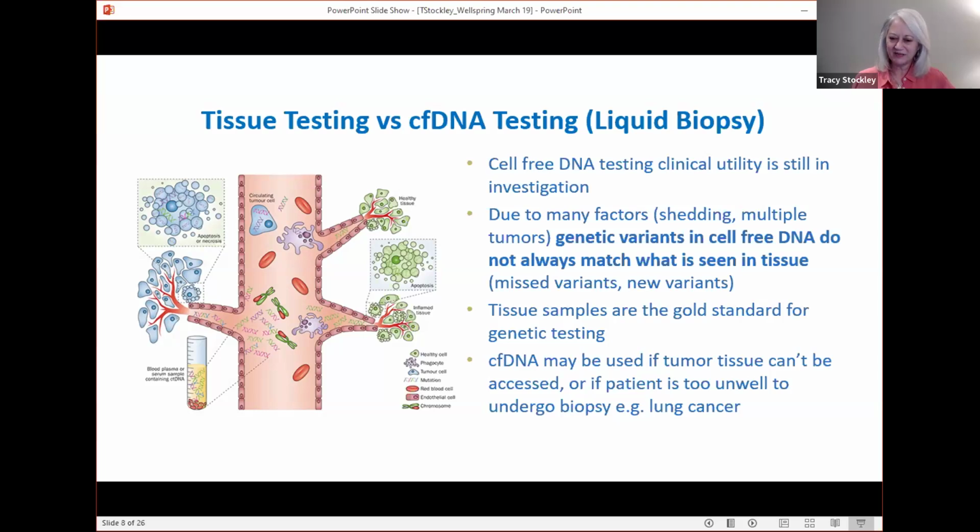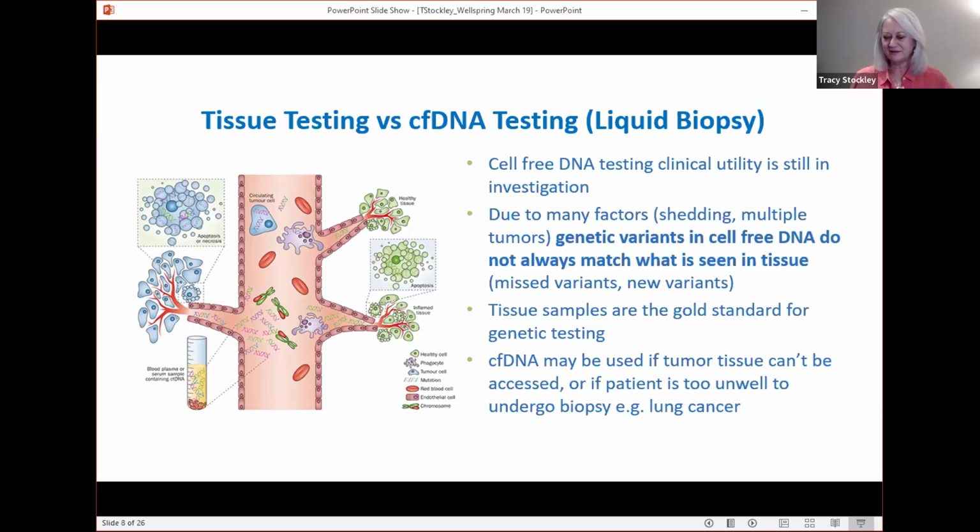But there are some complicating factors that we're still trying to manage, and because of that, the clinical utility of cell-free DNA is still under investigation. Not every tumor type will give off cell-free DNA to the same degree; this is called shedding. Sometimes patients may have multiple tumors with different genetic changes, which is also a confounder when taking cell-free DNA.